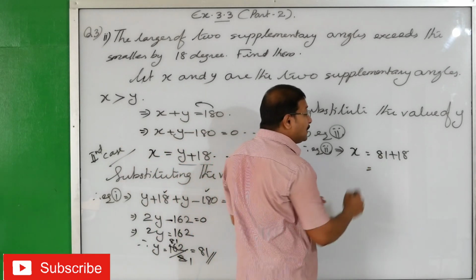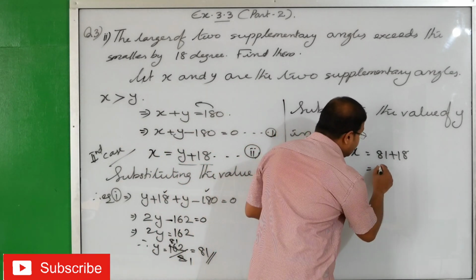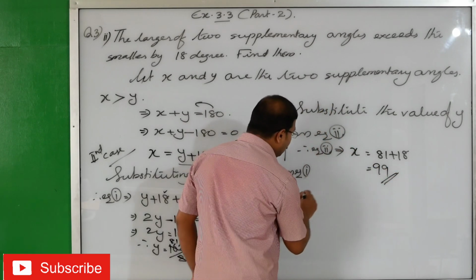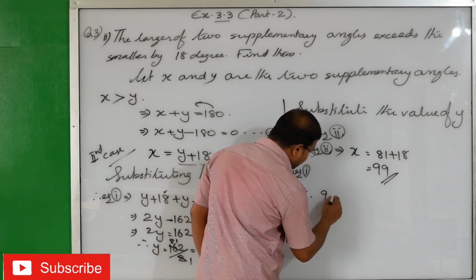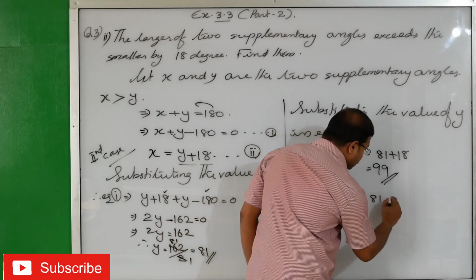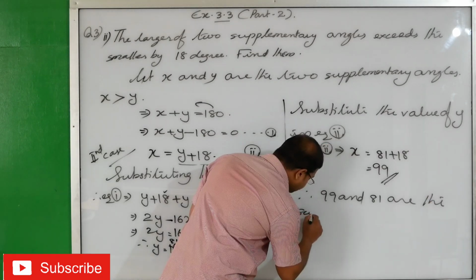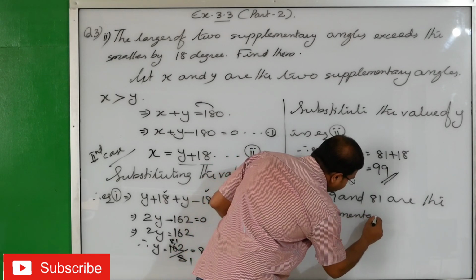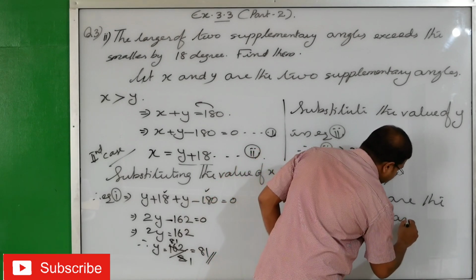Ready? So, 81 plus 18, that is 99. Isn't it? Therefore, 99 and 81 are the supplementary angles.